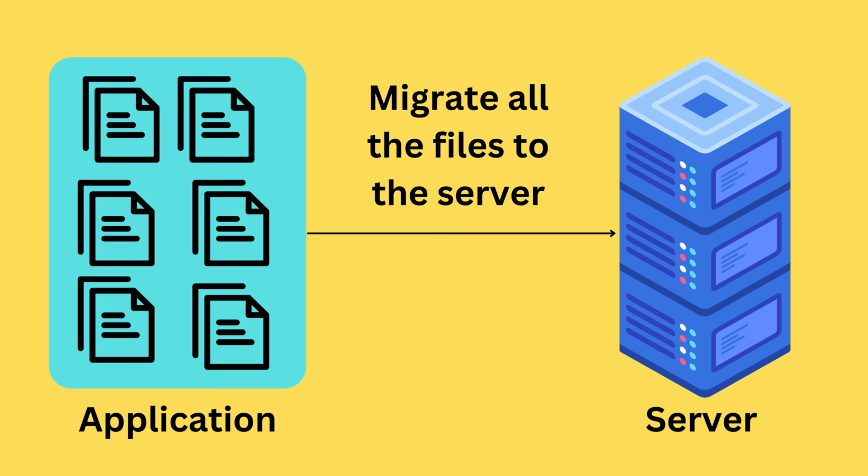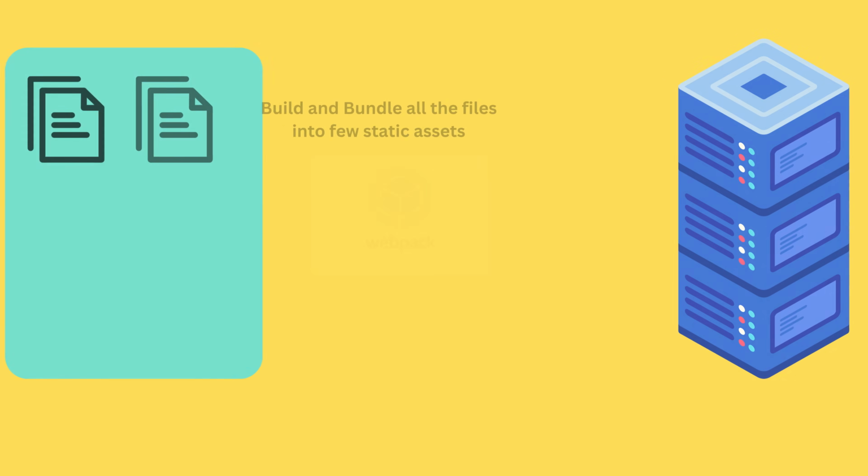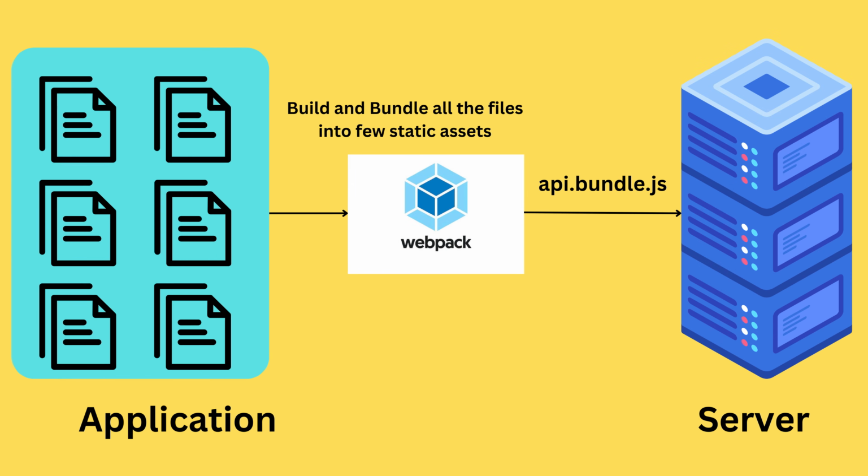So what Webpack does is it takes all these files and it will generate few static assets, and we need to take those static assets and deploy those into whatever environment that you want to deploy.